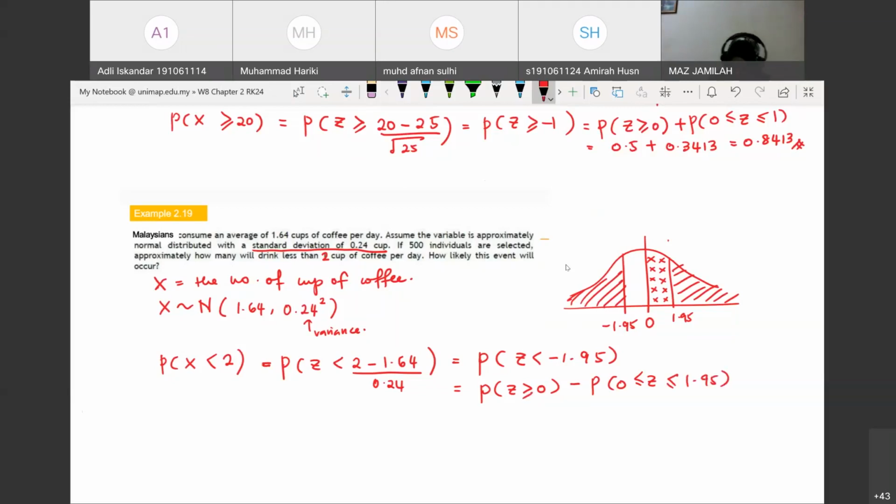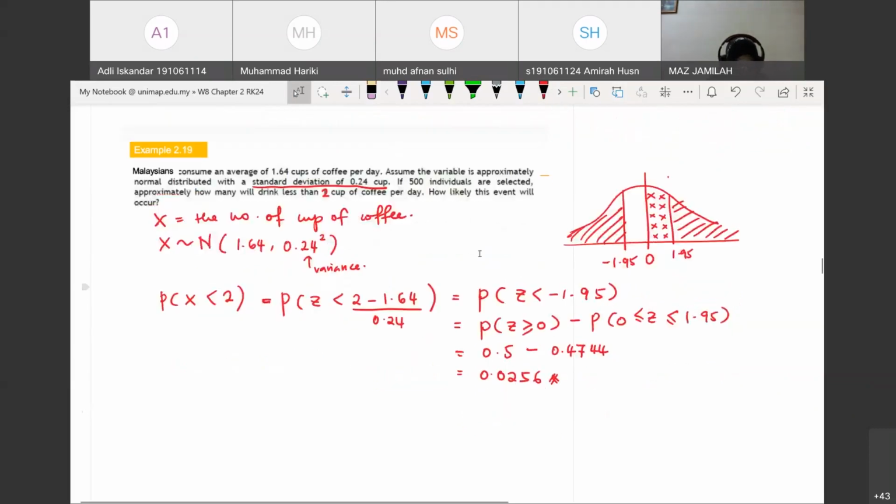So it would be 0.5 minus, if you look at your table for 0 until 1.95, you will get 0.4744. So you will get 0.0256, the probability value.